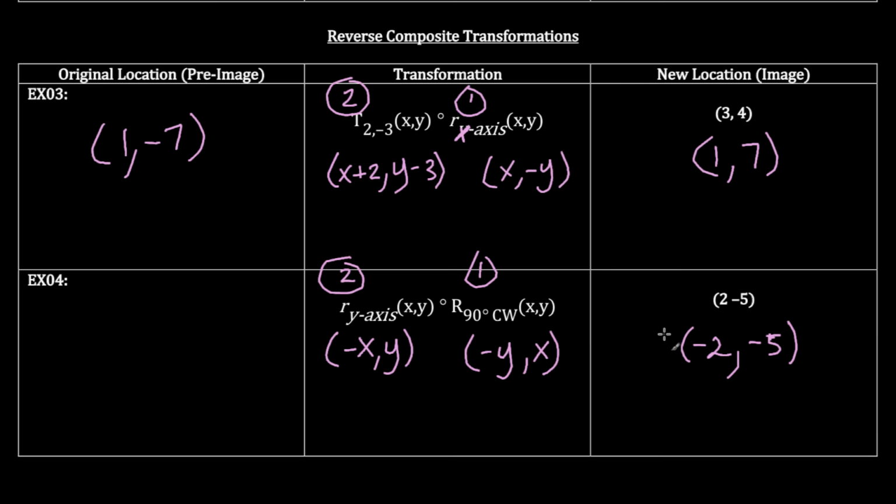Then before this, I did this rotation. So the x is now over here, so the x is actually negative 5. And then the y was moved to the front. Hold on, I always got to think about this.